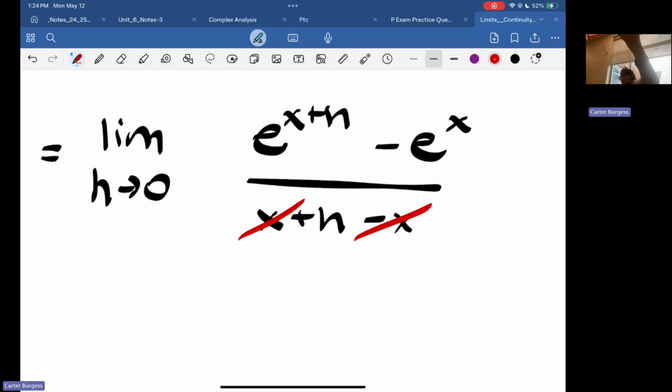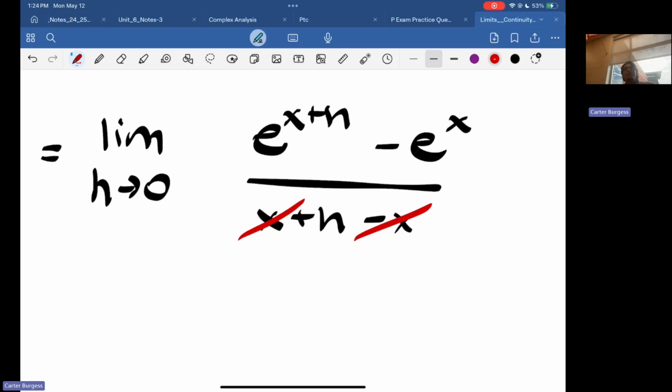From here, if I were giving you an example like this to do on a test, which we will look at here in a moment, it would be a matter of simplifying the numerator to get the h to cancel. In this case, that's a little bit tricky. We're going to need to be a little bit clever with how we work our numerator.